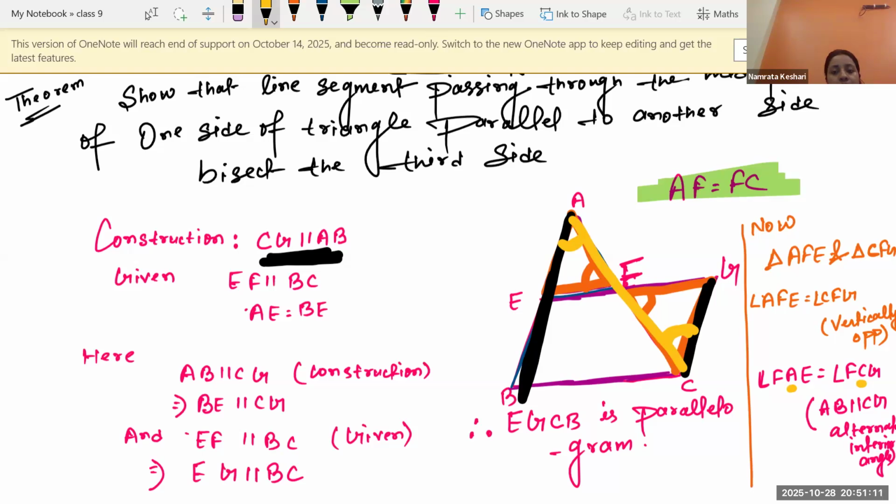AE is equal to CG. E is the midpoint, so AE and BE are the same, right? Right, everyone? Yes. That we will be using.